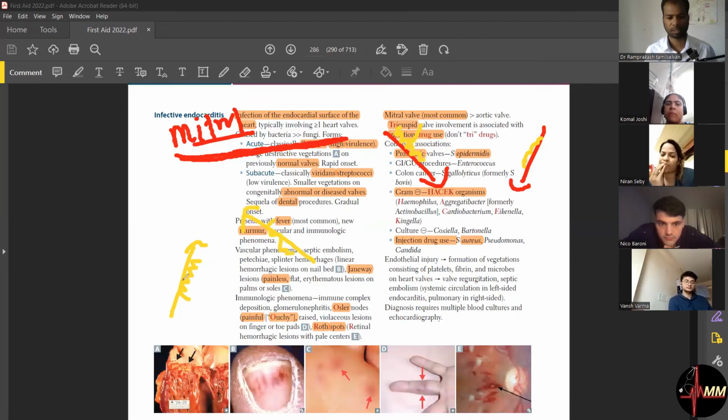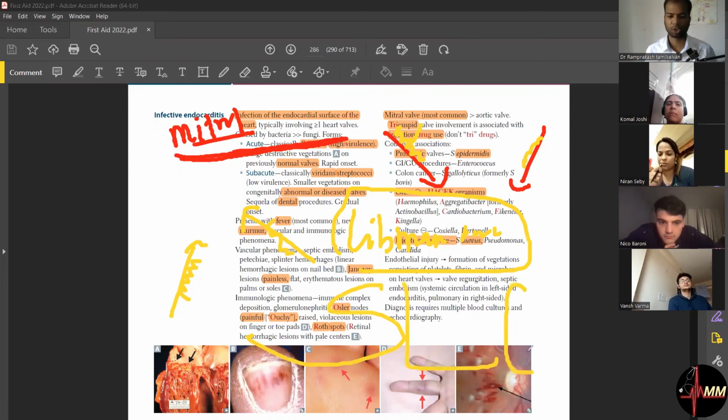But in Libman-Sacks endocarditis, both surfaces of the valve are damaged, and this is non-infective. You will see this in the very big and very important topic, SLE. So they will ask you about Libman-Sacks endocarditis.